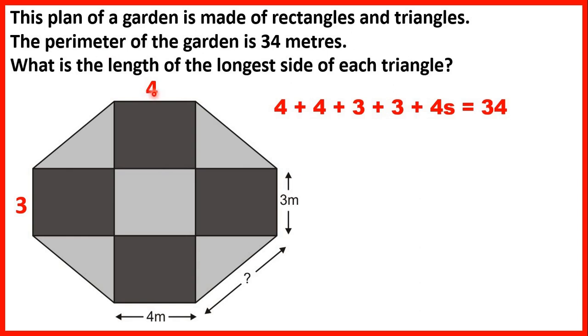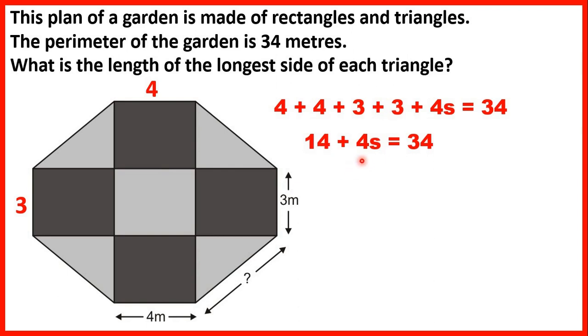So we can work out 4 plus 4 plus 3 plus 3, so the lengths that we have plus the 4 longer sides of each triangle have to total 34 meters. Now 4 plus 4 is 8, plus 3 is 11, plus 3 is 14.